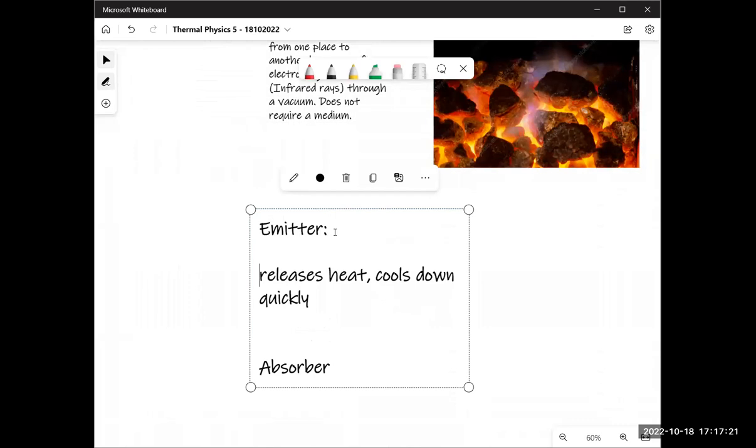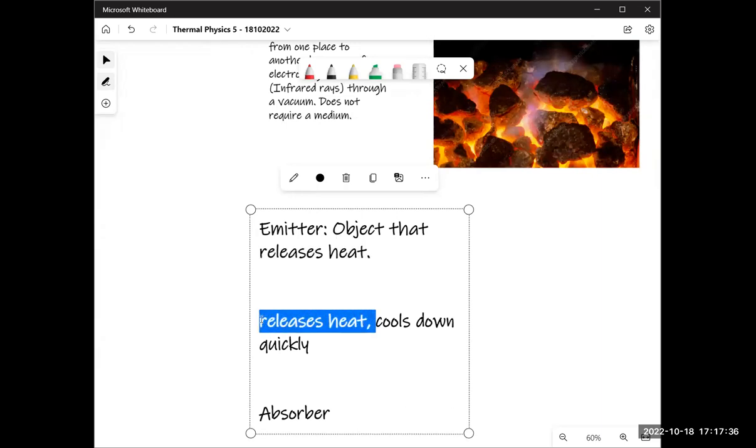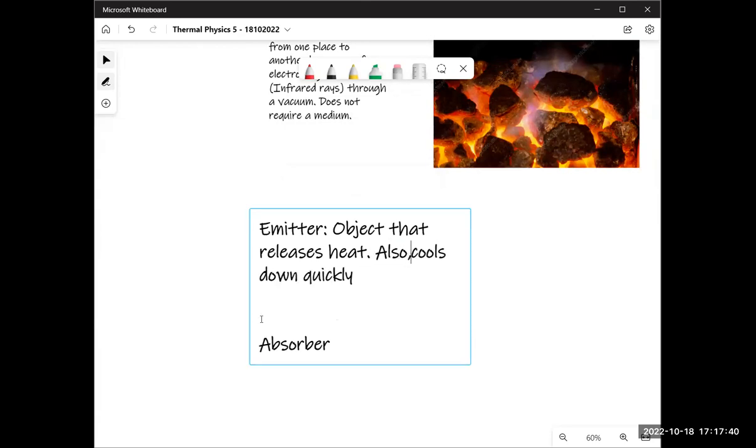So the definition is: emitter, an object that, let's say, releases heat. Okay, and all you need to know is it also cools down quicker. What is an absorber?